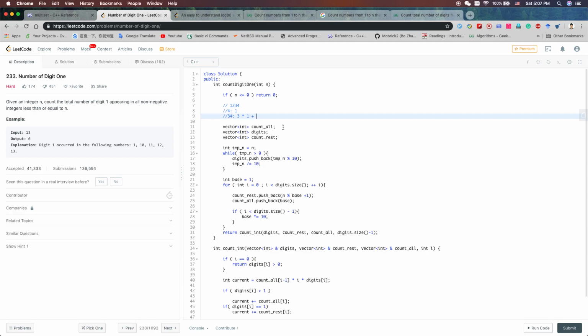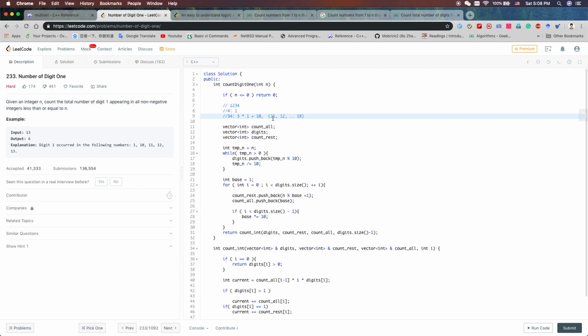So from 10, you will have 10, 11 and 12, all the way to 19.